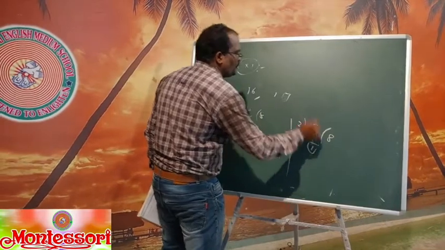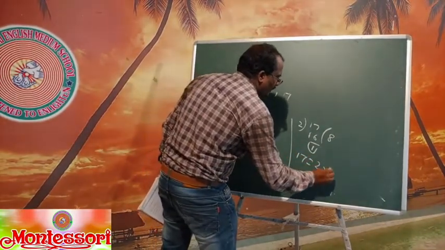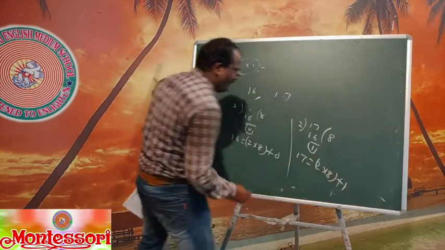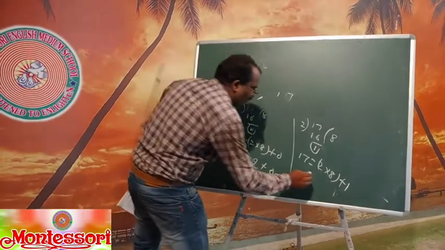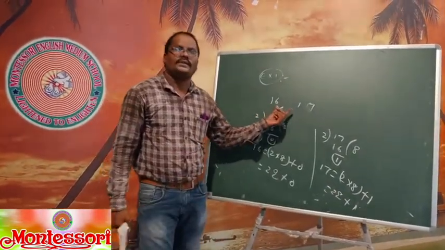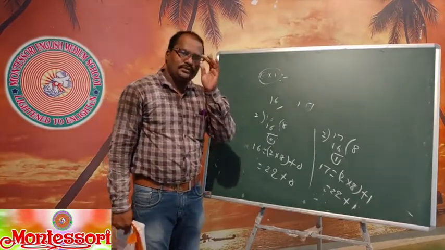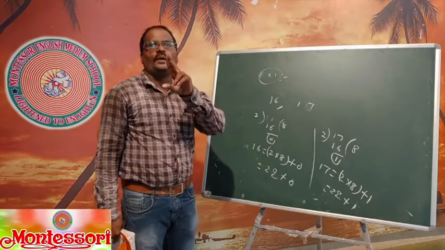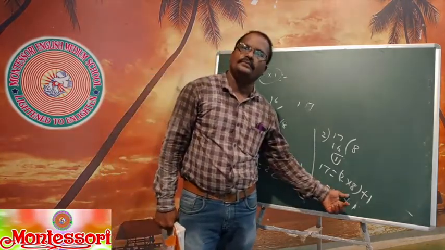What is left? 1. Then how to write? 17 is equal to 2 into 8 plus 1. So that means the first form is 2q plus 0 and the second form is 2q plus 1. So as a result, whenever a number is divided by 2, you will get 2 forms, either 2q plus 0 or 2q plus 1.